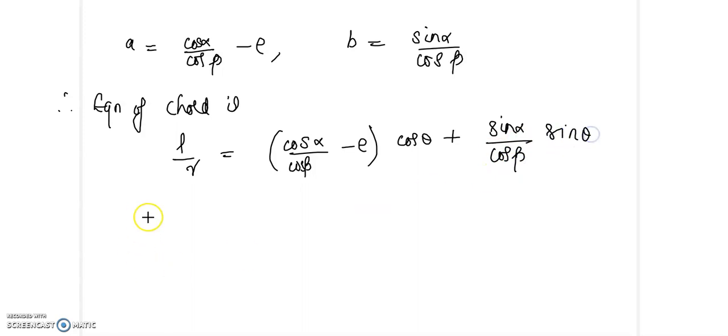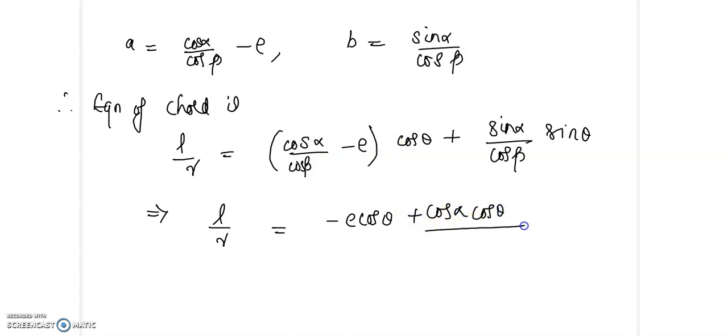So this can be again simplified to L by R equal to minus e cos theta, and this can be written as cos alpha cos theta, cos beta is common, plus sin alpha sin theta.